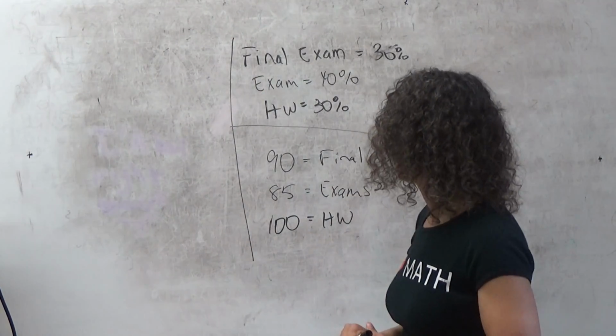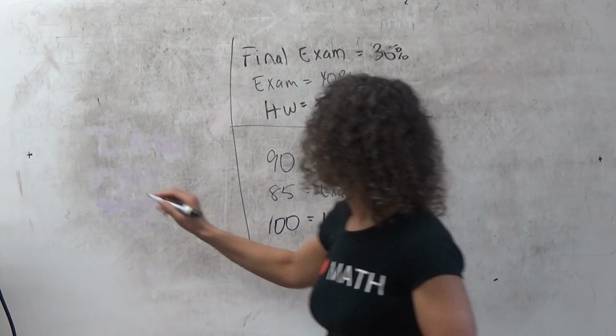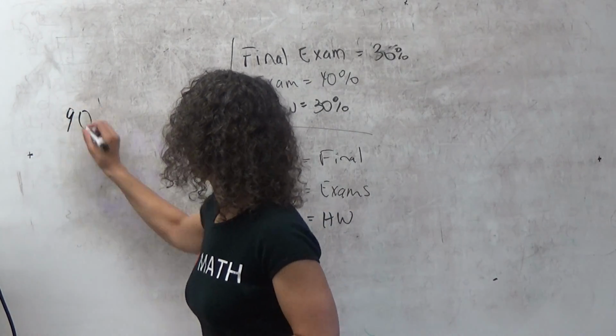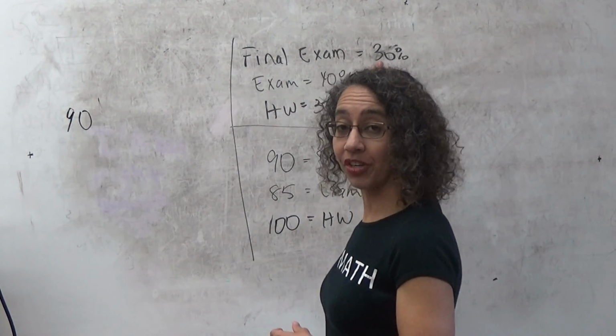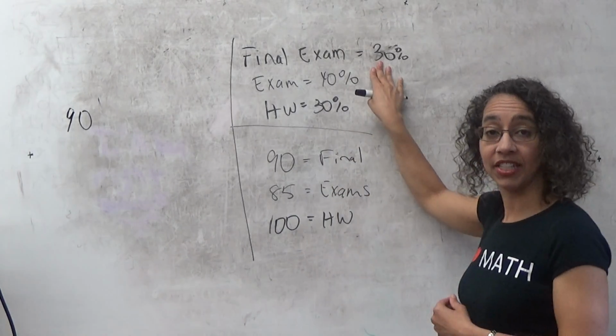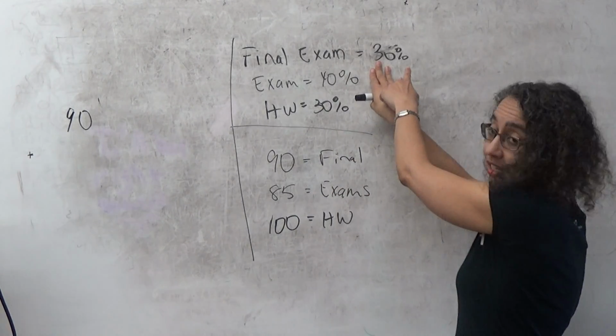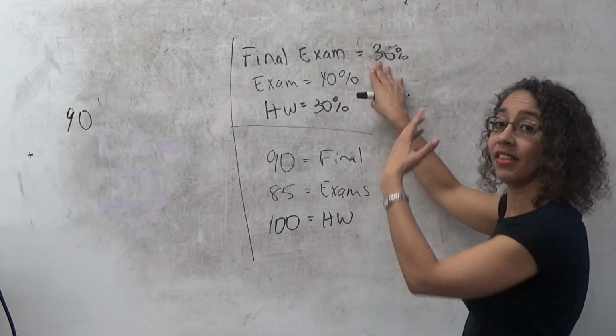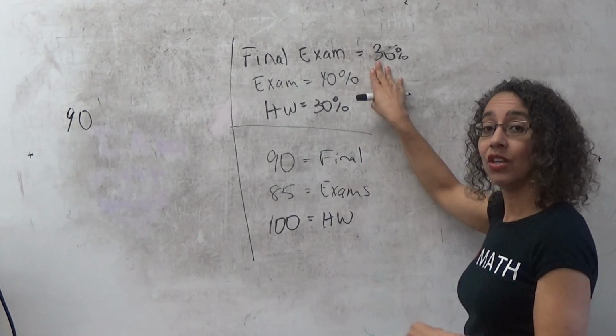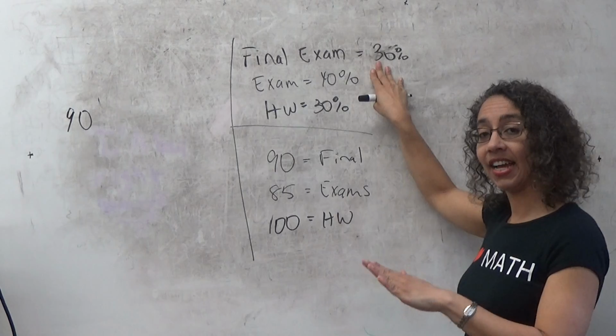Over on this side, let's write out what this is. I take my final grade, 90, and multiply that by 30%. Now remember, 30% in decimal, we move the decimal place 2 places to the left, that's the same thing as 0.3. So I'm going to write these percentages as decimals.